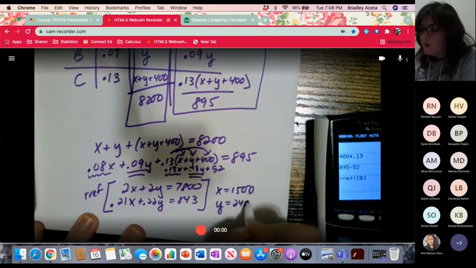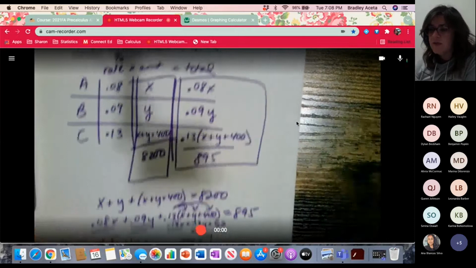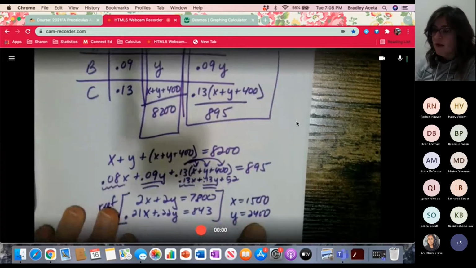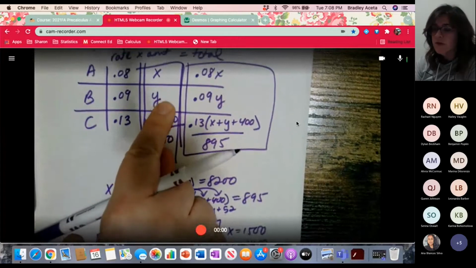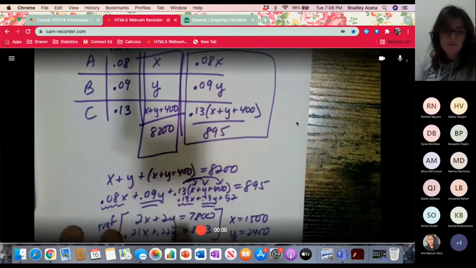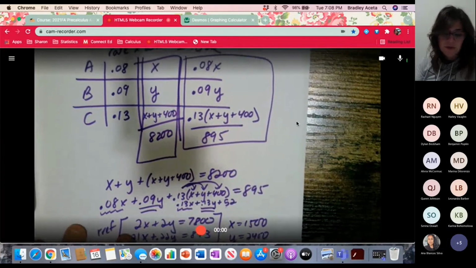Now, just make sure you remember which one is X. X was the 8%, and then Y was the 2,400 here, and then you just find X plus Y and add 400 to get the 13%.